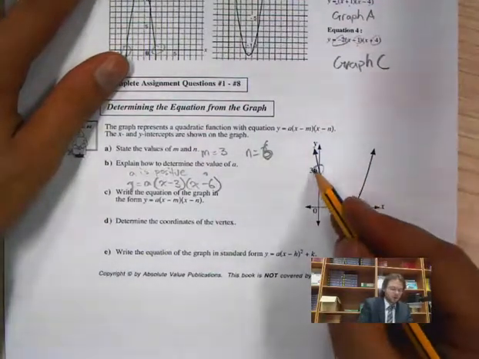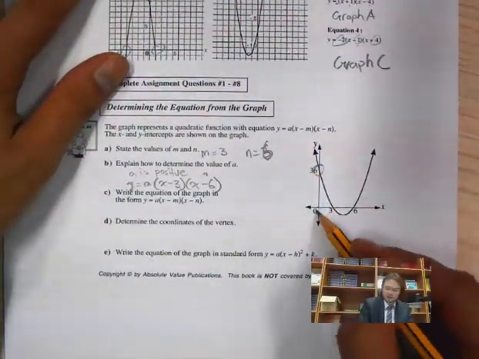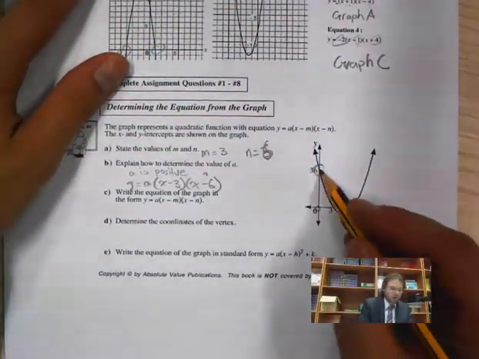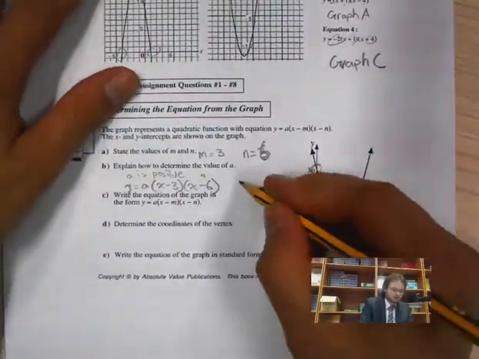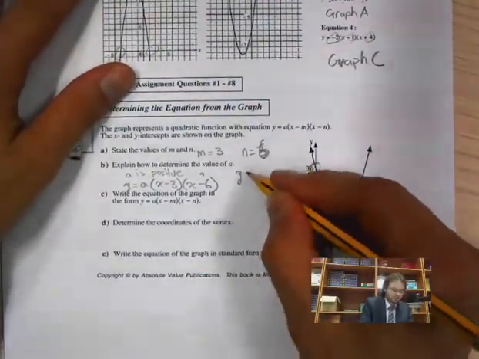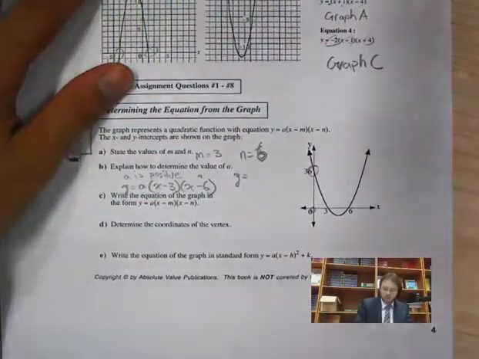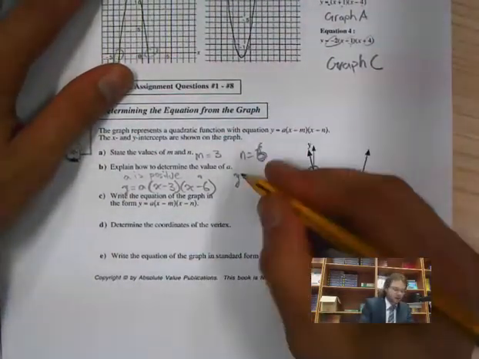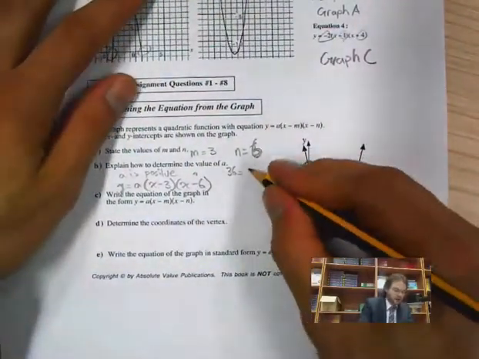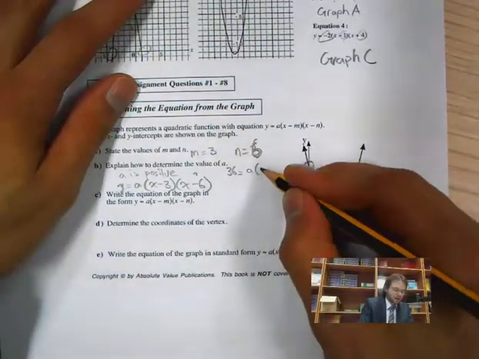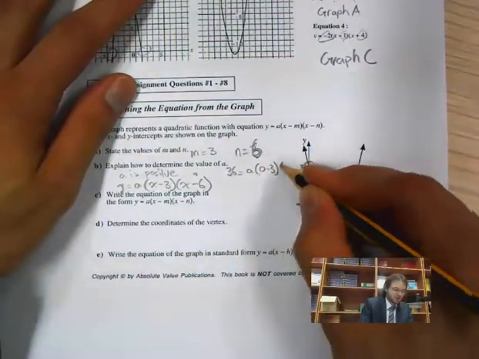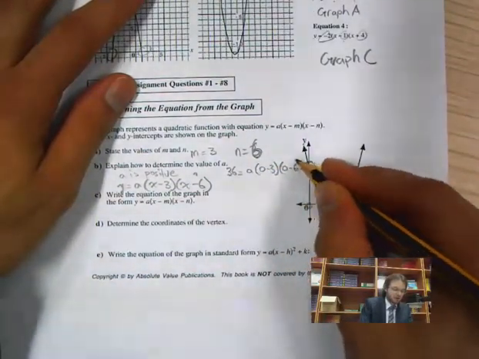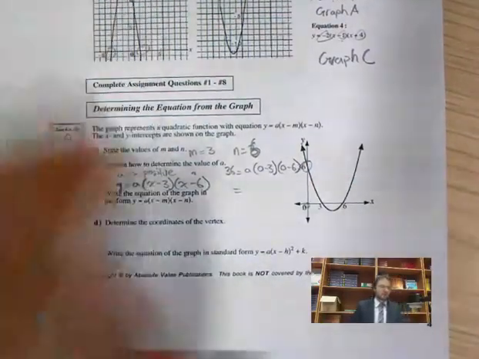And we know the value for x, when x is 0, y is 36. So let's put that in. We know when x is 0, y is 36. So we know 36 is equal to a, and then we have 0 minus 3 multiplied by 0 minus 6.